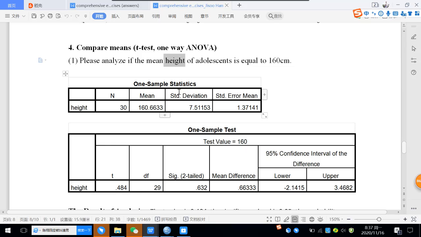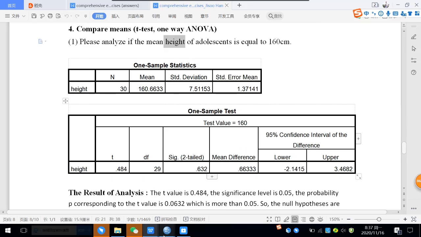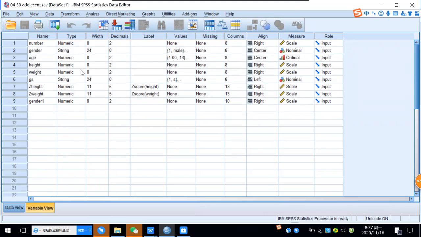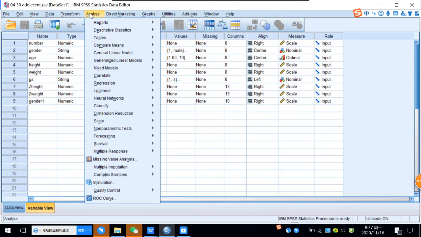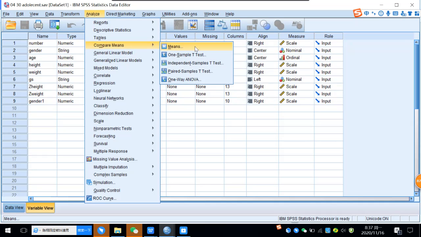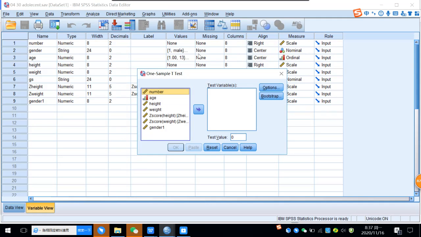Okay, and here is the SPSS. For the one sample t-test, click Analyze, Compare Means, and the second function is One-Sample T Test. We select it here. The test variable is the height, right?